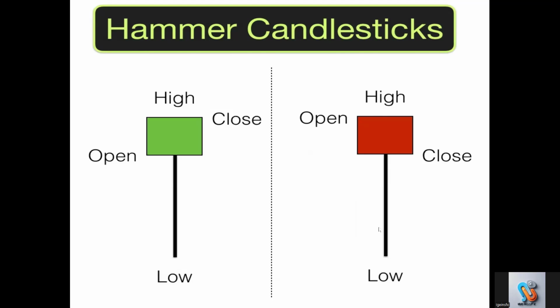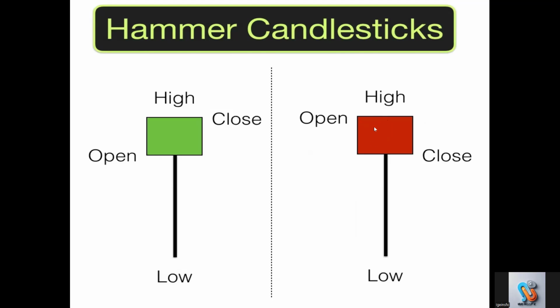Now buyers rejected it. That is the story behind it. Buyers rejected the price from down here up to this level. Then the time period was over. Then the next candlestick you will see will open above this candle. Then it might look like this, or even though it looks like this, it's still closed bearish.